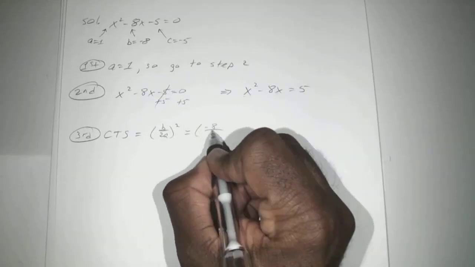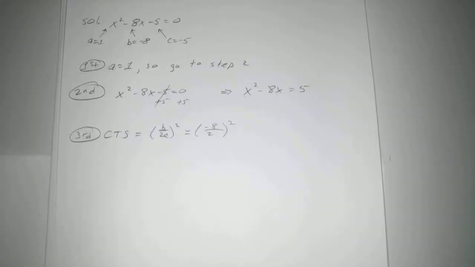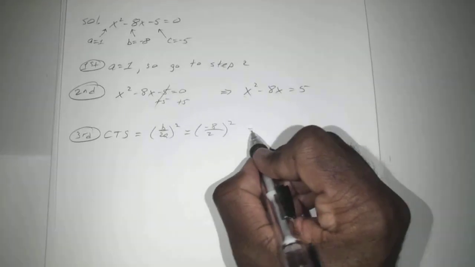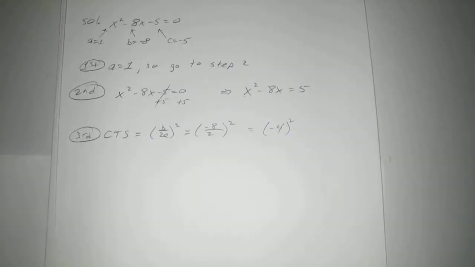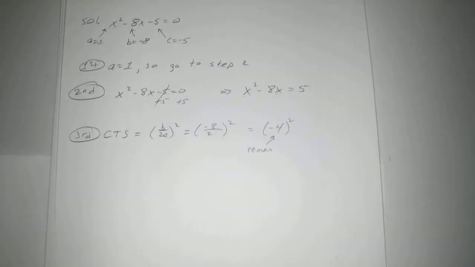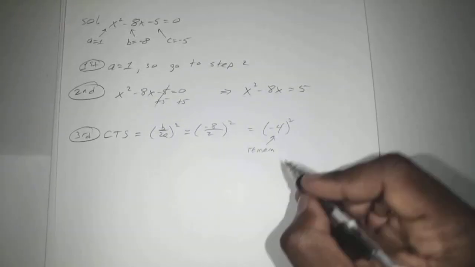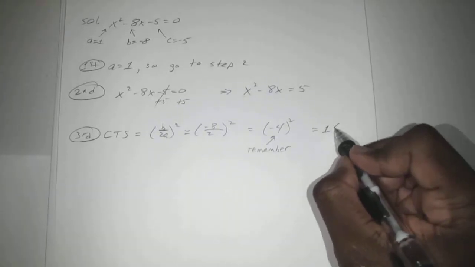So that's negative 8 divided by 2 times 1, squared. So really here we have negative 4 squared. Okay, and remember, before you apply that negative 4, you want to make sure you remember this value. Apply the squared. And we know negative 4 squared is just 16.